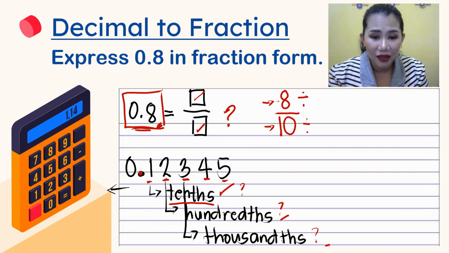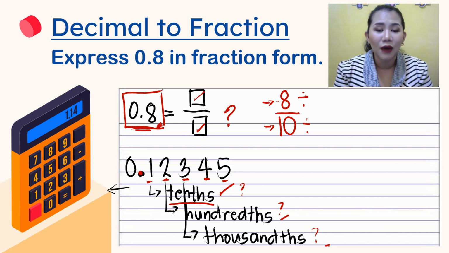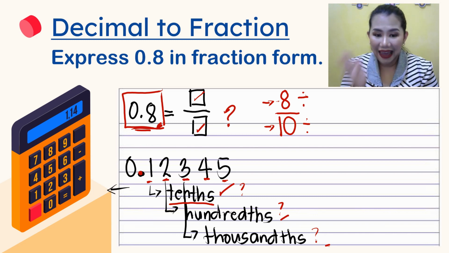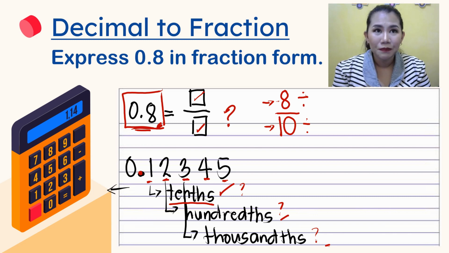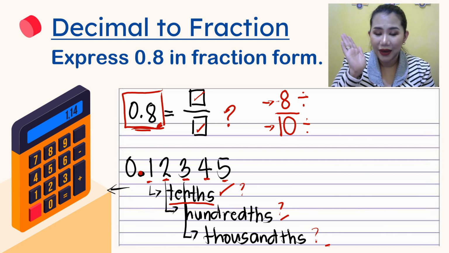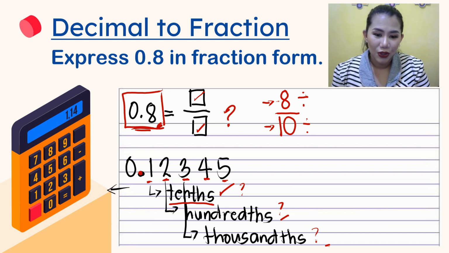And how do we get the lowest fraction form? Okay, or the lowest form. How do we get that? You just have to think a number that can be divided to 8 and 10. Okay, parang mag-iisip ka ng numero na pwede pang ma-divide sa 8 at saka sa 10. Ano bang number yon? Correct.